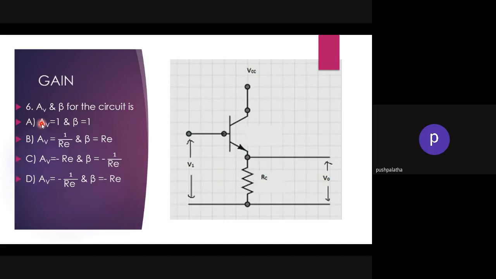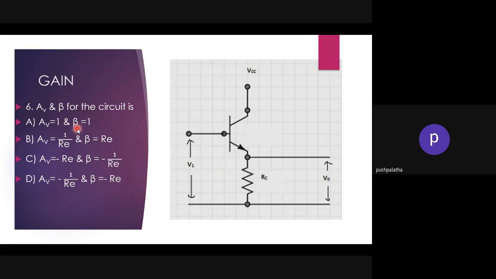Understand? Clear? Right? See, you can check very well. Here they had given AV equal to 1 by RE. Reciprocal of that here, RE. AV equal to minus RE. Reciprocal of this is minus 1 over RE. AV is minus 1 by RE, reciprocal of it. Okay, so beta is actually the reciprocal of gain.